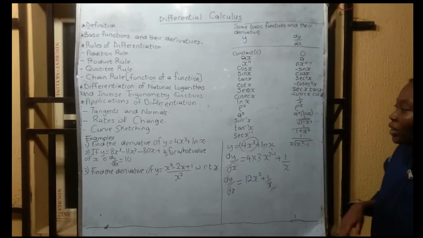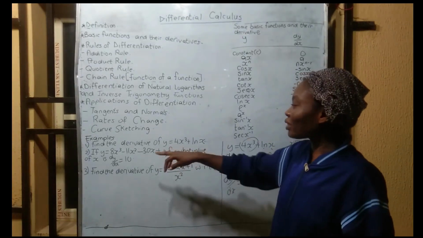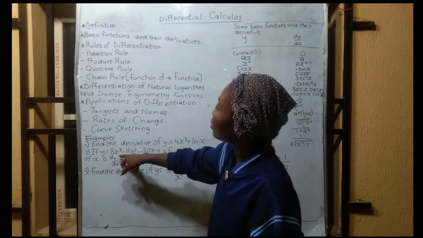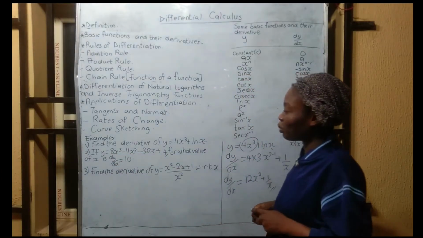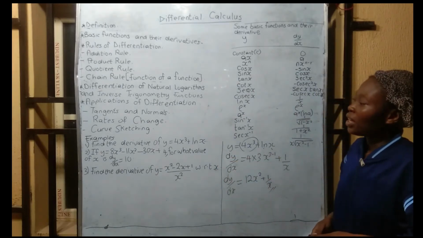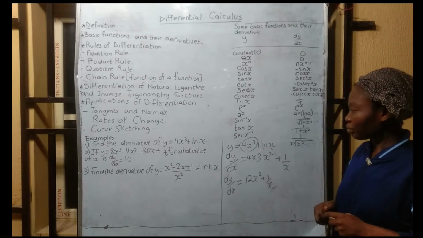The second one says if y equals x cubed minus 11x squared minus 30x plus 4, then find what value of x is if dy/dx equals 10.